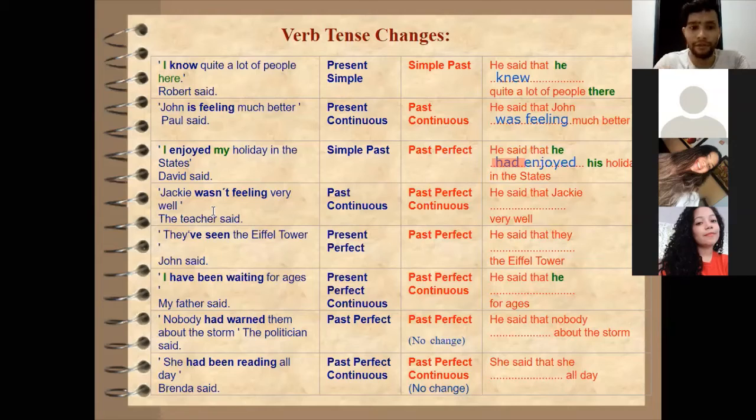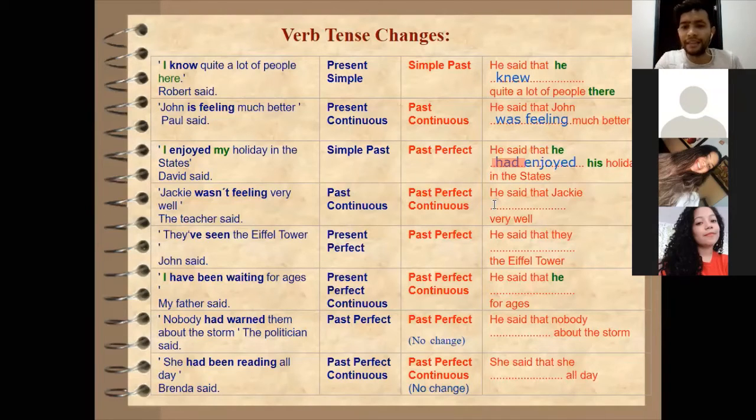Now, the following one. Jackie wasn't feeling very well, the teacher said. Now, wasn't feeling refers to the past continuous. And when we want to use the reporter's speech, we have to use the past perfect continuous. So, how is that?